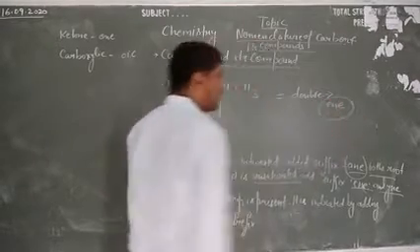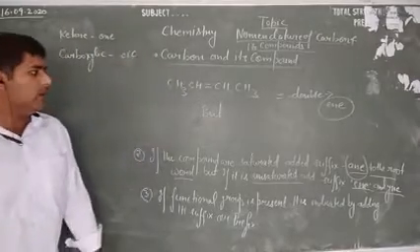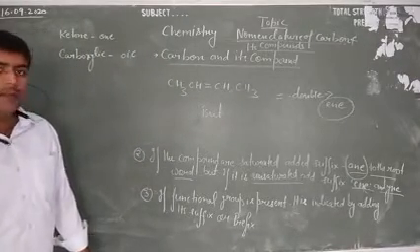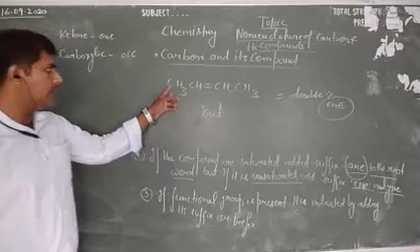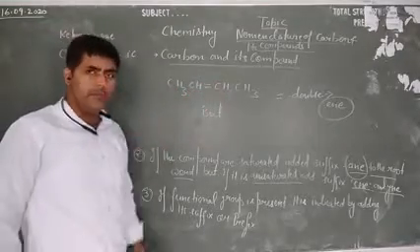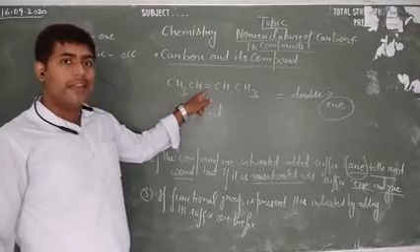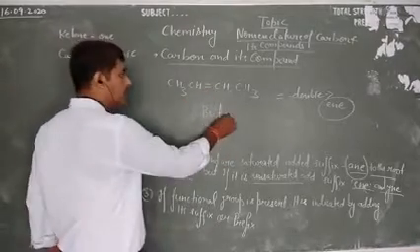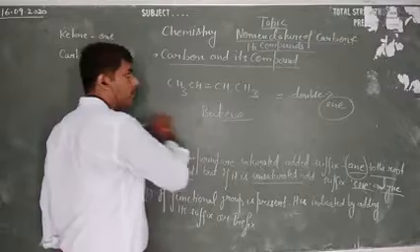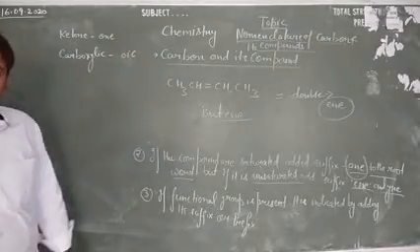We use the suffix -ene. Count the number of carbons: 1, 2, 3, 4. But, and having a double bond, we add the suffix -ene. It is butene. Okay, my dear student.